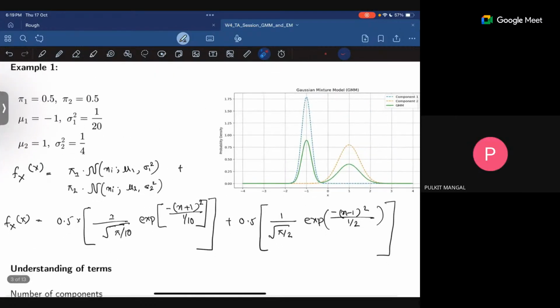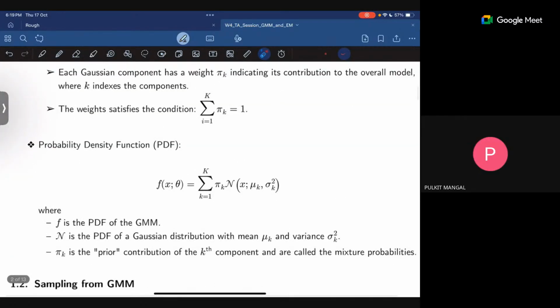In GMM, this is the density function of GMM. We will look at how we arrived at this density function a little later. But it's not like we are just adding all the normal distributions directly, n1 plus n2, up to nk if you have k components. We are scaling them by the prior probability, that is the probability of choosing the component.